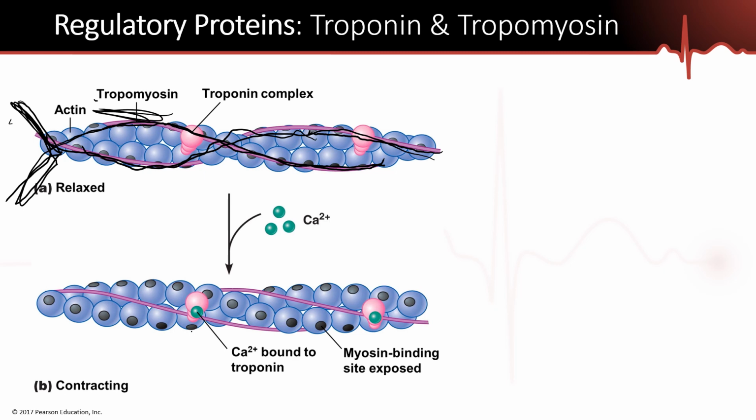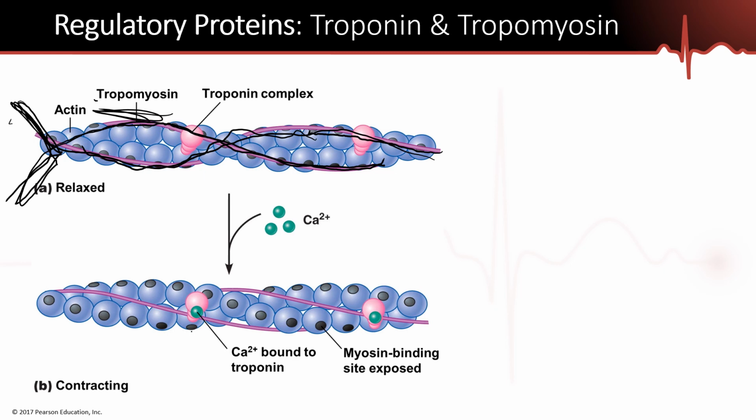It means that as long as this strand-like protein called tropomyosin is covering up these myosin binding sites on all these different globular G-actins, myosin, the thick filament, can't actually interact with actin at all. It would be impossible, because the myosin binding sites on the G-actins are where myosin interacts with actin. And as long as tropomyosin is covering it up, how's that going to happen?